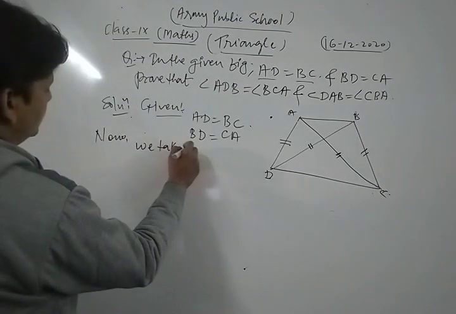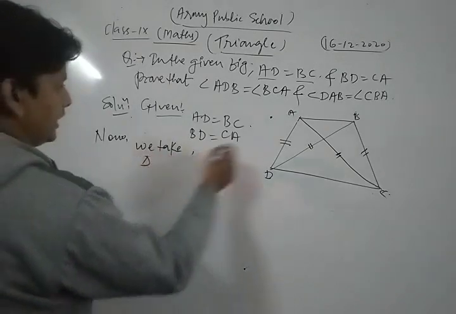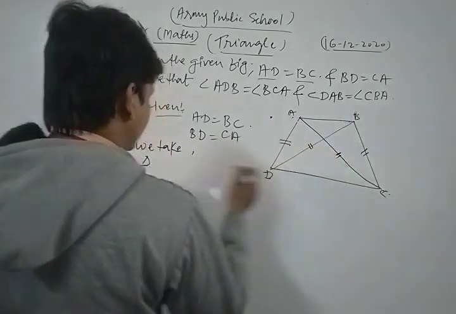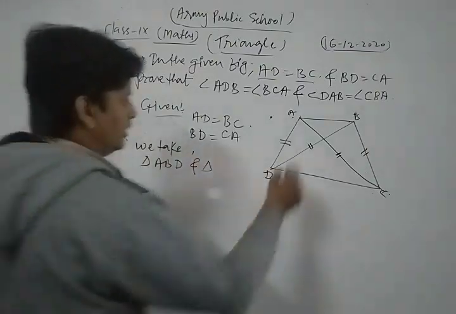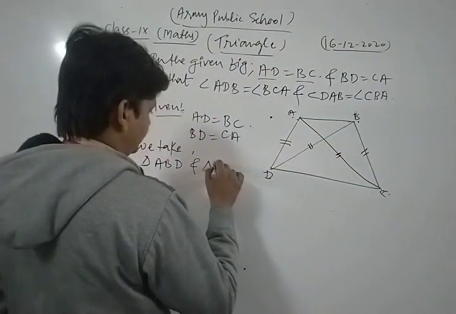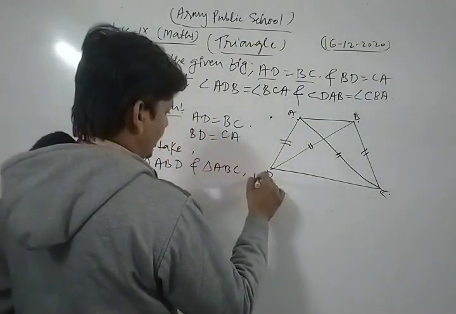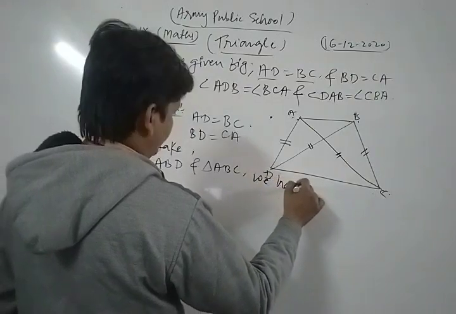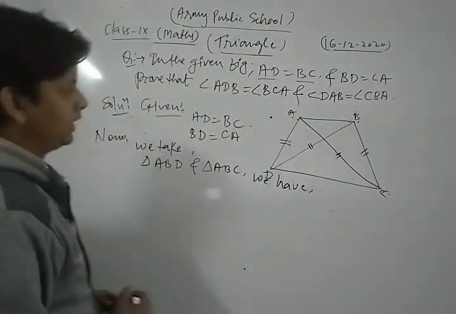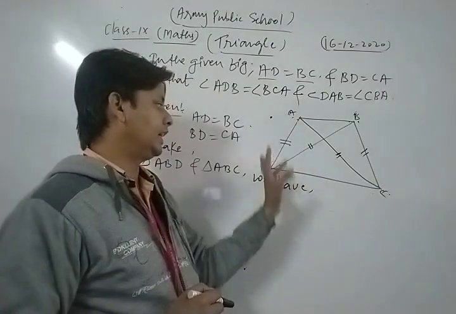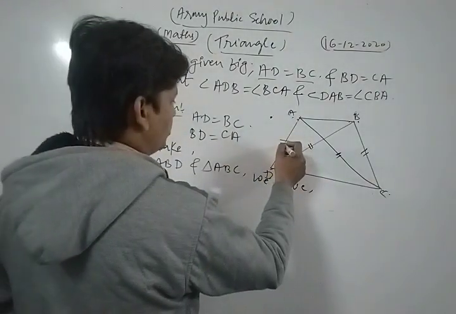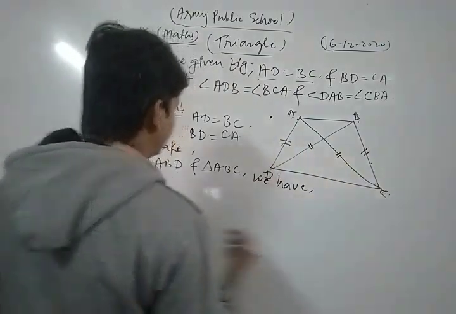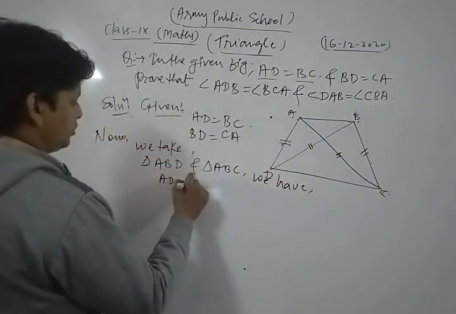We take triangle ABD and triangle ABC. What do we have? Let's see, dear student, in triangle ABD, AD is equal to BC.